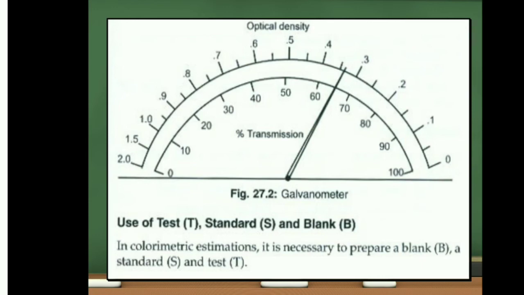Use of test, standard, and blank. The galvanometer will give the optical density that shows the percentage of transmission.